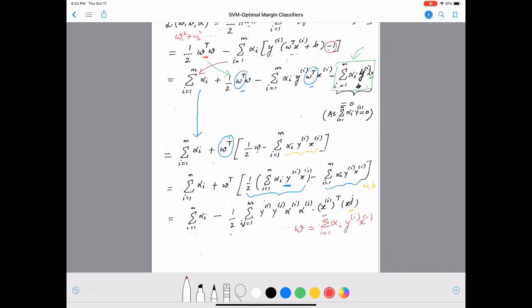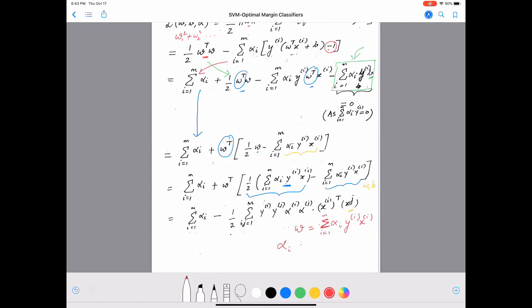Now, which of these terms are scalars and which are vectors? Alpha is a vector, right? Alpha corresponds to all the Lagrange multiplier values for all training examples. Now, what about alpha i?